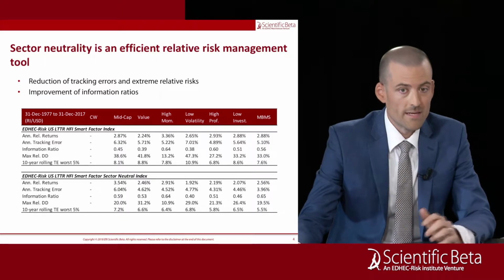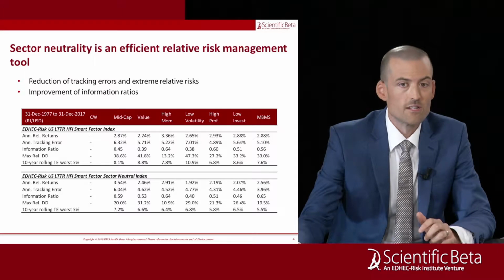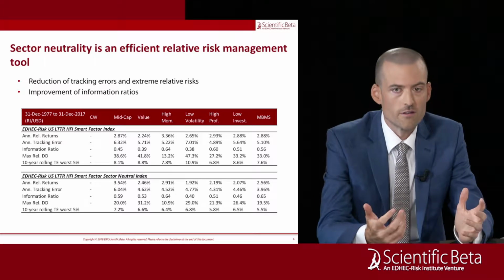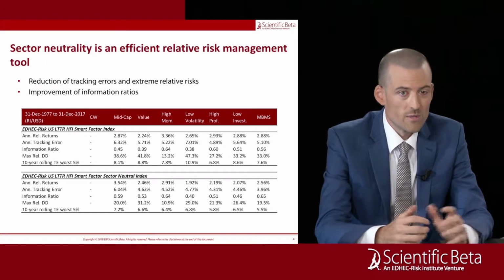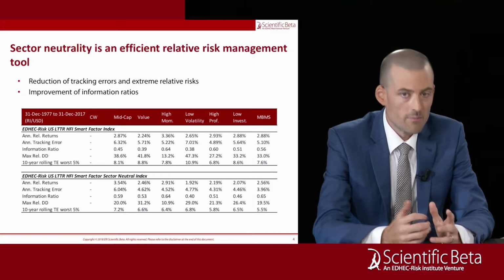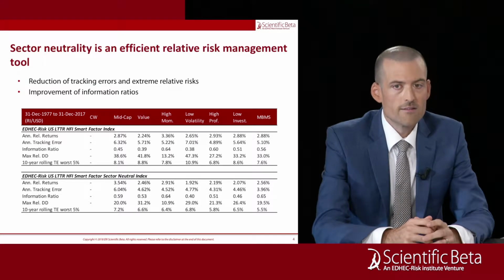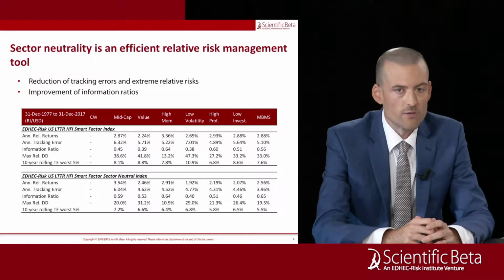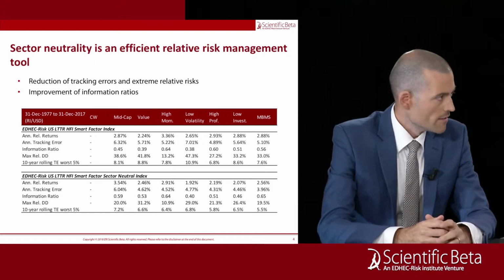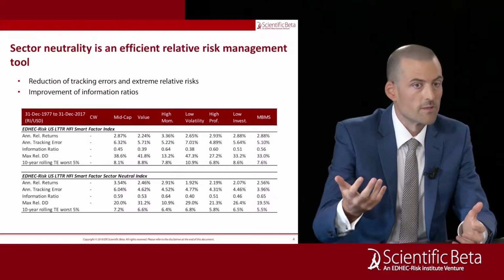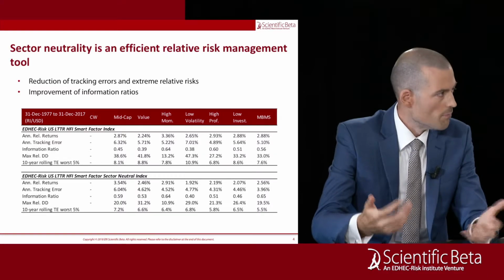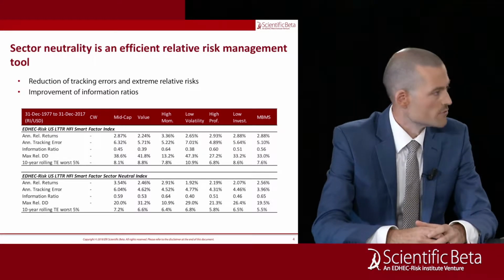Another important aspect of risk management is the reduction of extreme relative risks, like the maximum relative drawdown, which is on average reduced by 30%, and the 10-year rolling worst tracking error, which is reduced by 20%. So by reducing the tracking error, we are able to improve information ratios. They are not statistically improved, but still we observe an improvement.